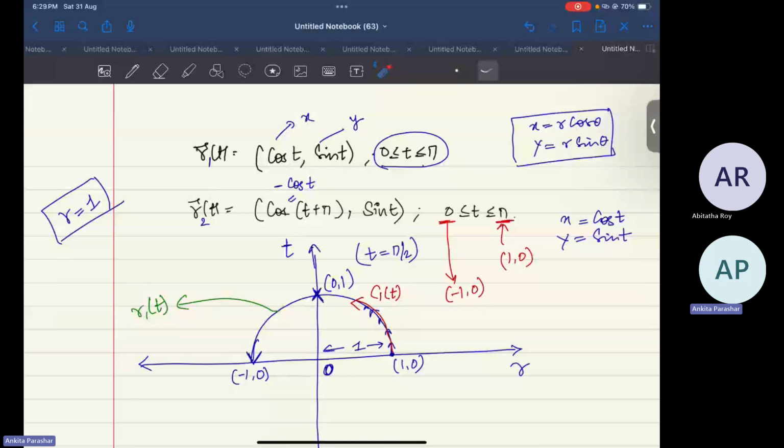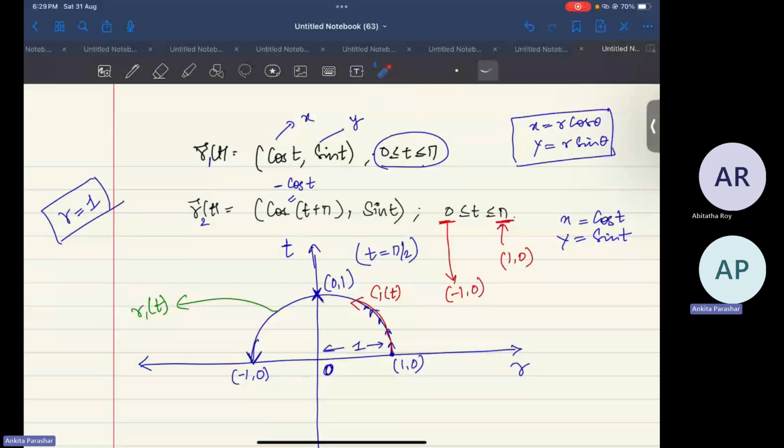So how much work has been done? The same as you do in the other direction. But of course, the plus minus sign just tells you the direction where you are moving. That's all. The work which has been done is the same.